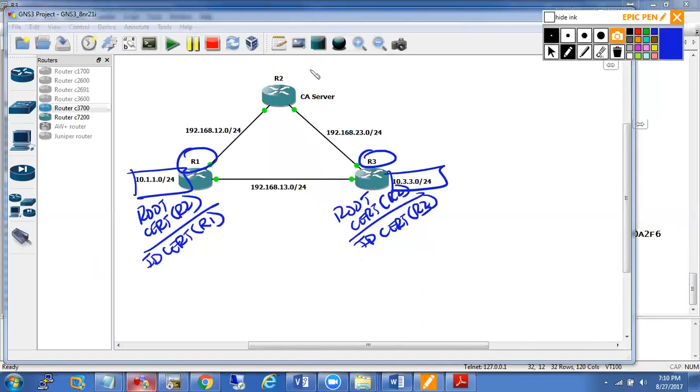You might say, well, this is a lot of work to just replace your pre-shared key. That is true if you just had a point-to-point setup. It is more secure, but it's a lot more work.